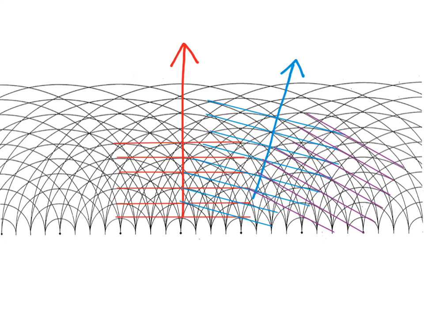So off in that direction they will all arrive at the screen in phase as well, so we'll get a third bright spot, and this will be the n equals 2 fringe. So there's our three fringes.